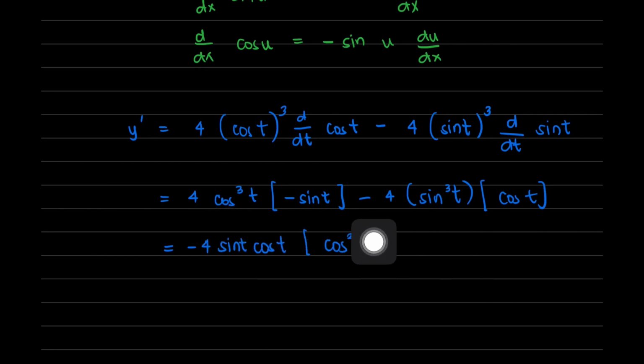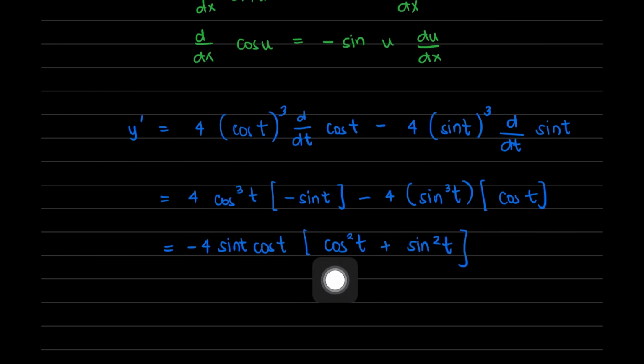Similarly, if we're going to factor out negative 4 sine t cosine t in this term, then the resulting answer would be positive sine squared t. Right? So we brought out 4. We brought out 1 sine t in here, and then we brought out cosine of t. So the remainder is sine squared of t.